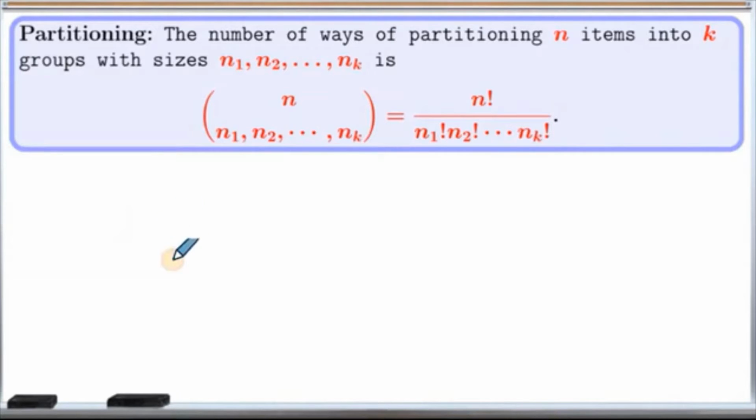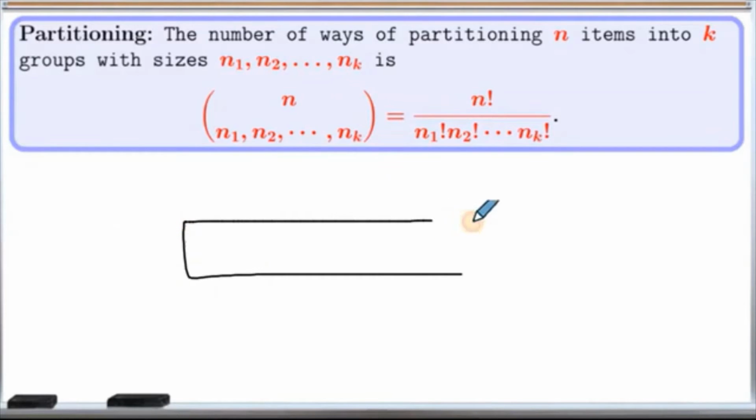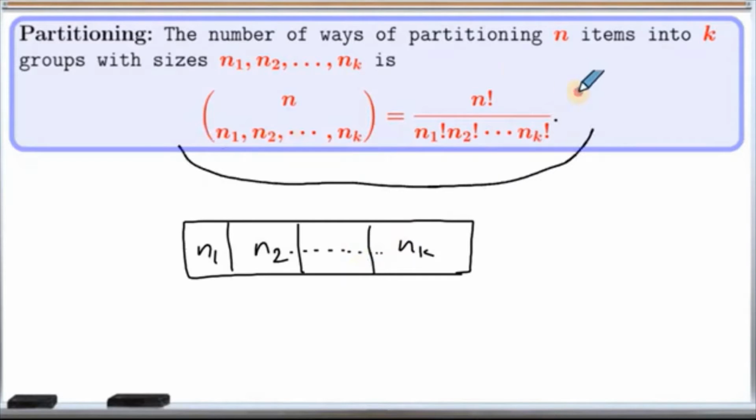So here we have n1 people, n2 people, and nk people. So the number of ways we can do this is given by this formula here.